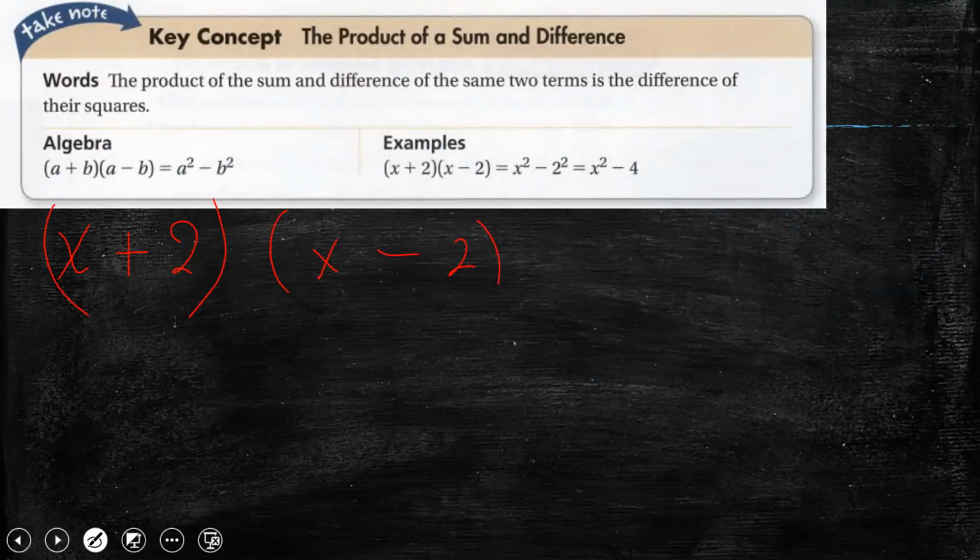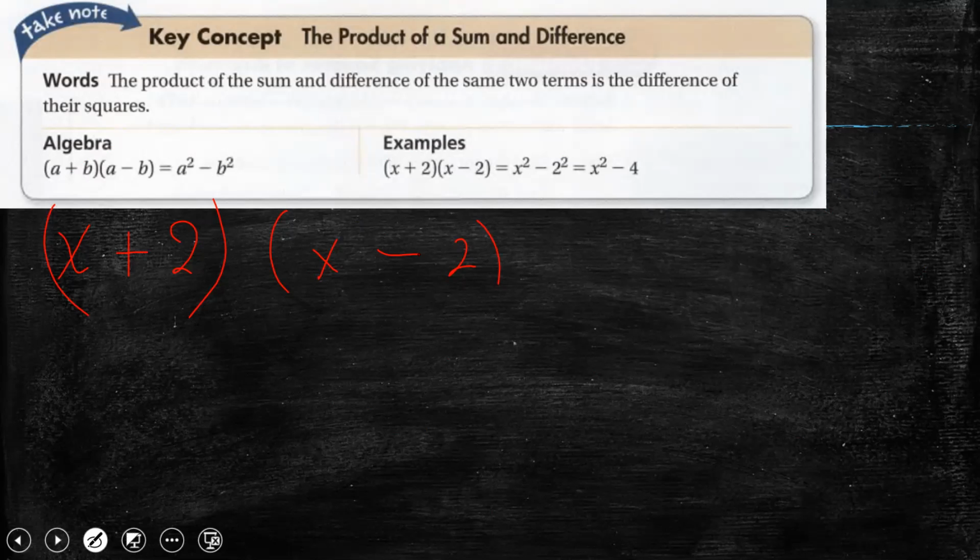That is what we said yesterday. Today, if we have the same terms but with different signs, like one is plus and one is minus, one is a summation and one is a difference.